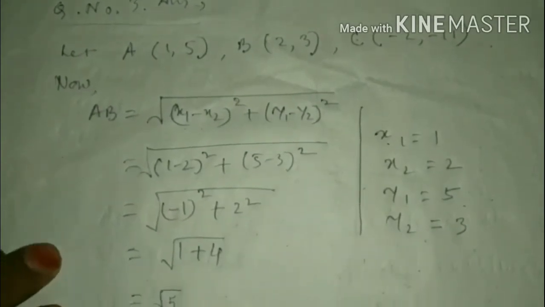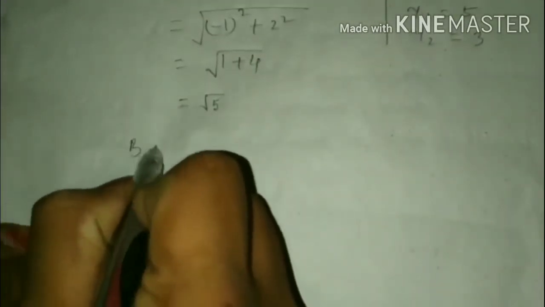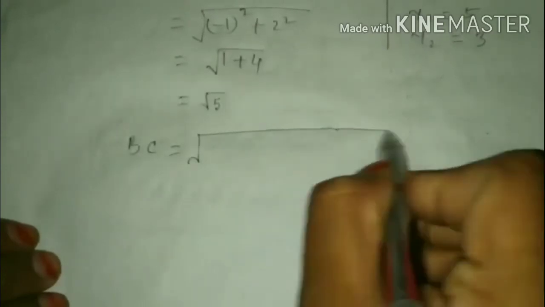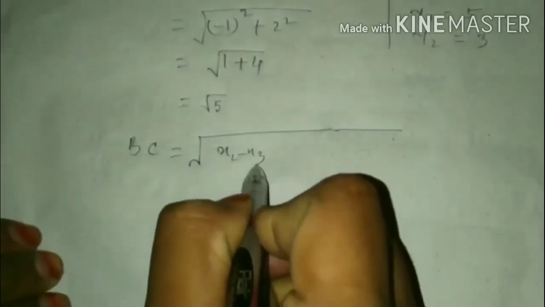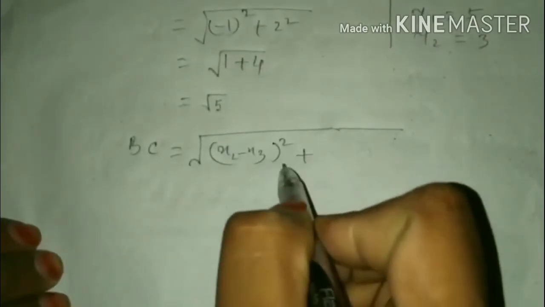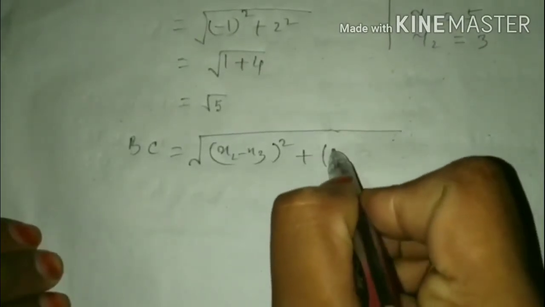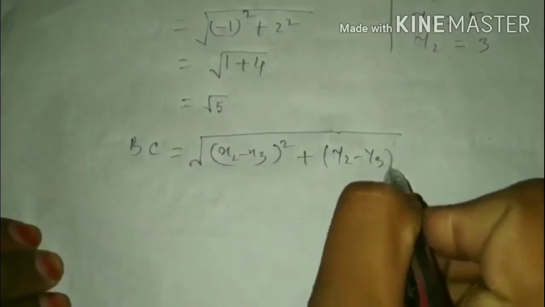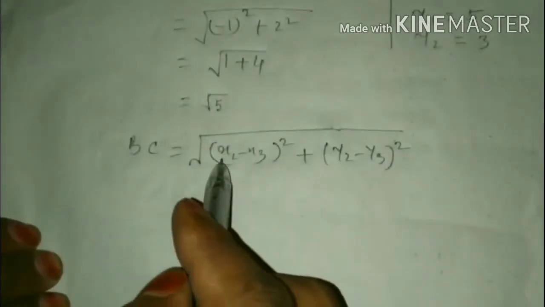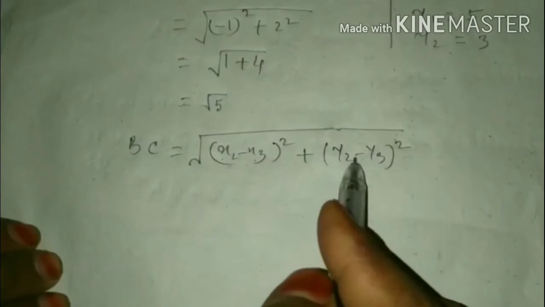Similarly, we find BC. Write down the formula for BC. We take x2 minus x3 and y2 minus y3. The 3 points are there now; the order must be the same. If you take x3 minus x2, then it will be y3 minus y2.